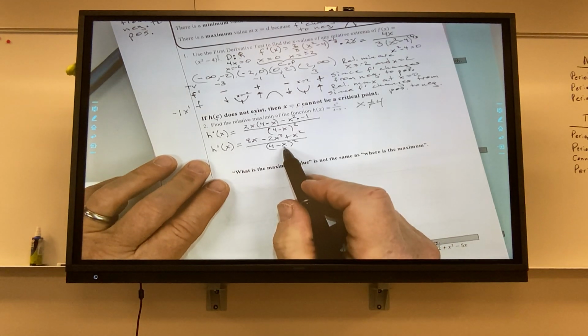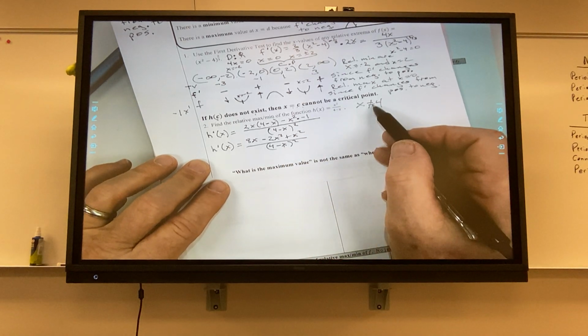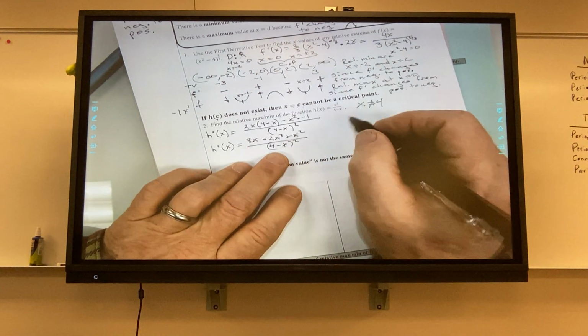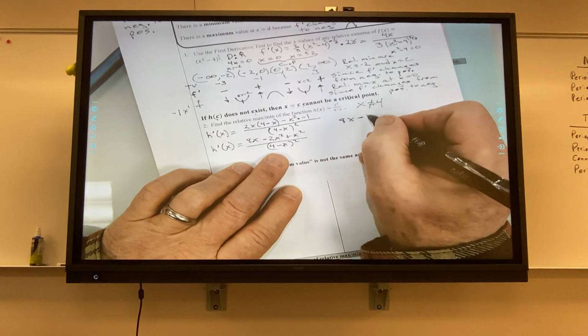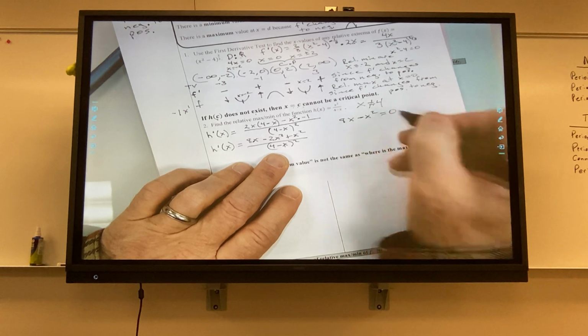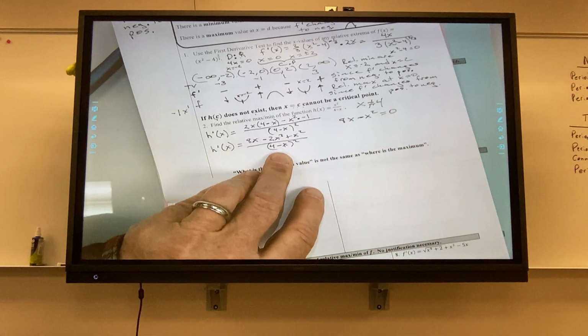Do I even look down here? No, because it's going to give me 4 and I can't choose it anyway, right? So up here I'm going to have 8x minus x squared equals 0. Owen, am I doing that correct?